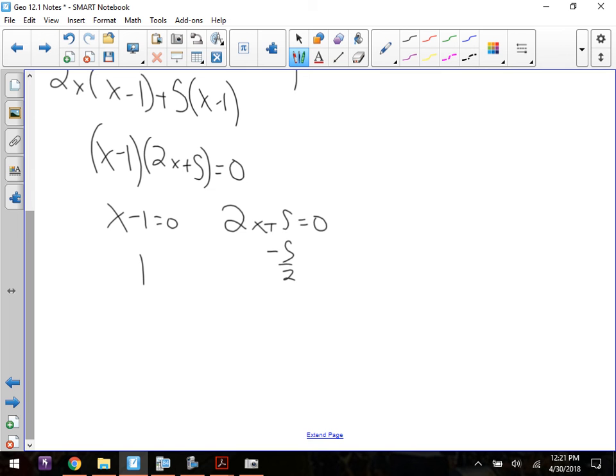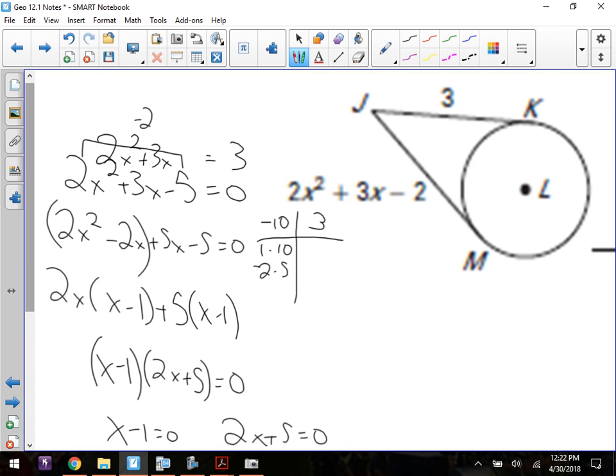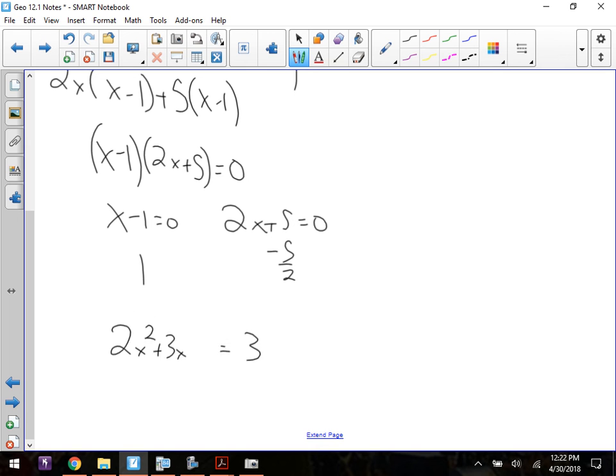Which means you got to go back to the original problem. The original problem was 2x squared plus 3x minus 2. If I substitute in for x, which one of those works?